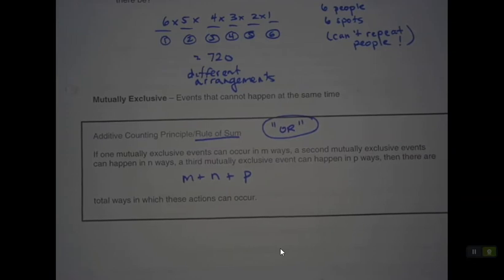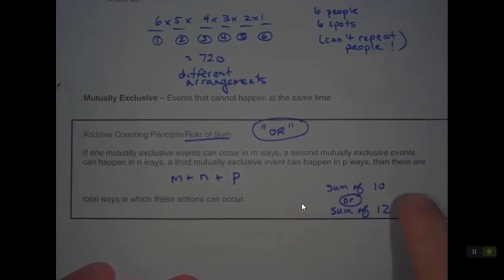So the idea there is, let's say I was going to roll a sum of 10 or a sum of 12. These cannot happen at the same time.